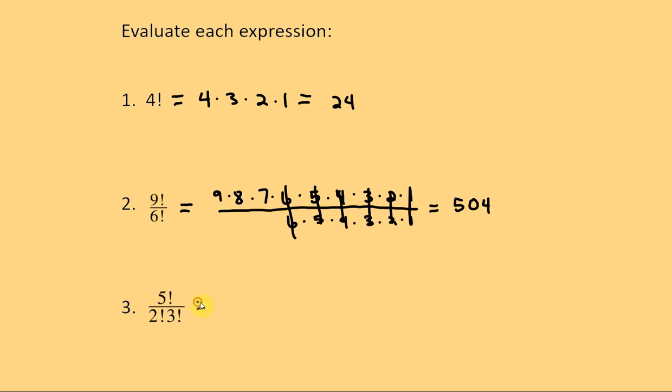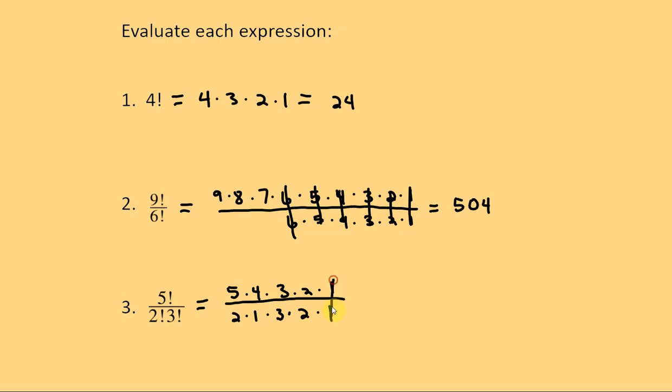And then in the last example, we have 5 factorial divided by 2 factorial times 3 factorial. If we were to write this out, 5 factorial is 5 times 4 times 3 times 2 times 1. 2 factorial is 2 times 1, times 3 factorial, which is 3 times 2 times 1.